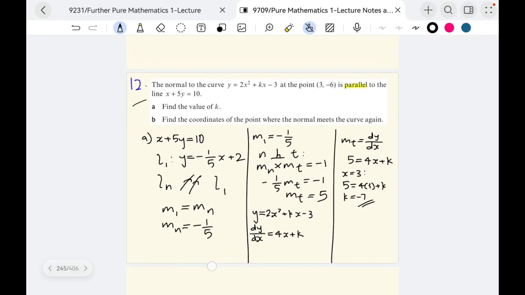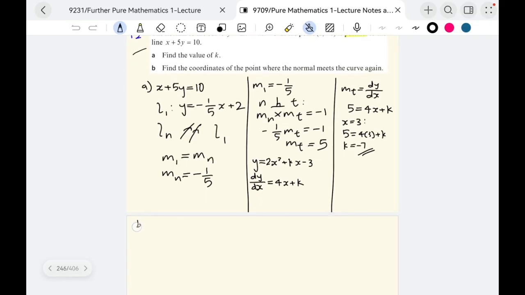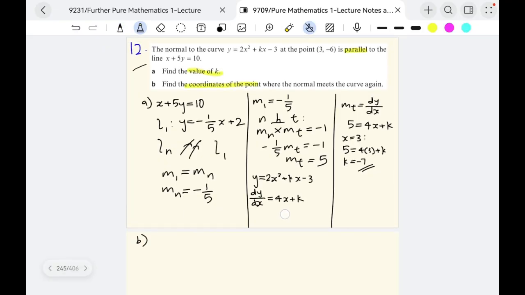Part B. Find the coordinates of the point where the normal meets the curve again.